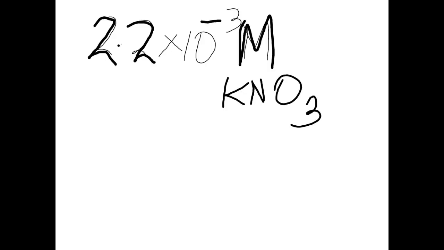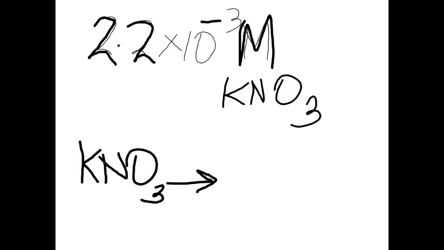Well, what will we get when we dissociate it? KNO3 can break down into how many particles is what I need you to tell me. Because this is a polyatomic ion, isn't it? So tell me how many particles you can get from that?